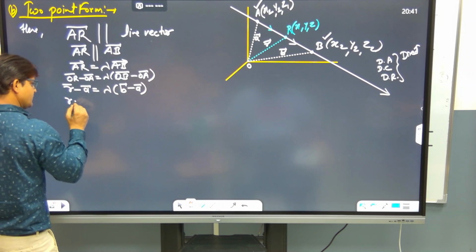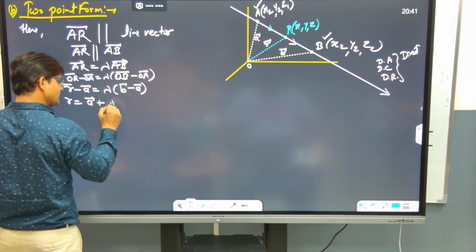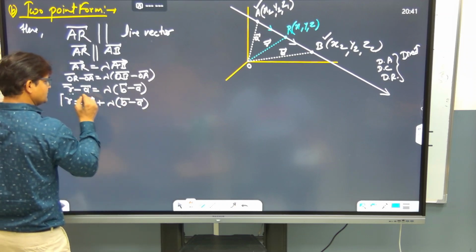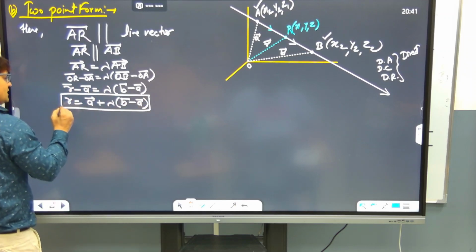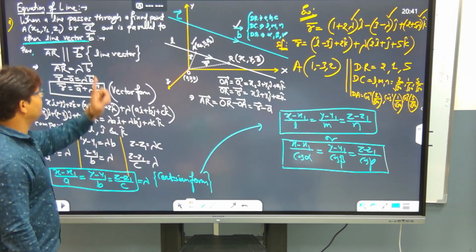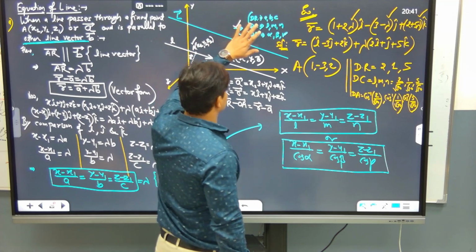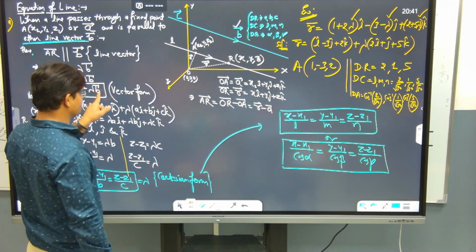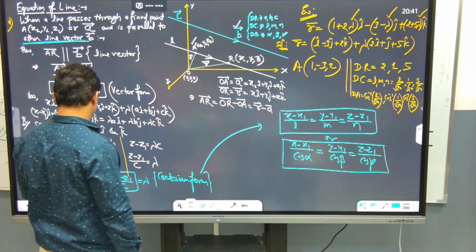Here we have the definition: r vector equals a vector plus lambda of b vector minus a vector. Important point: a and b vectors are the position vectors of the fixed points, but in the previous case, b vector was the direction vector of the line itself or parallel to it. Here b vector is a position vector.